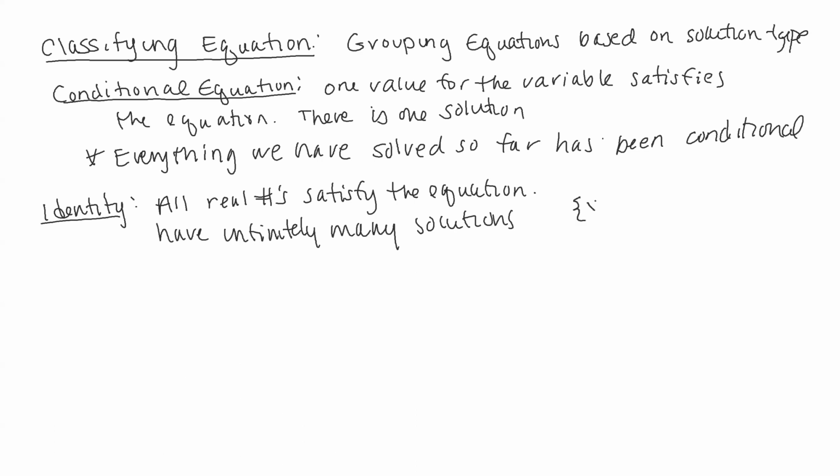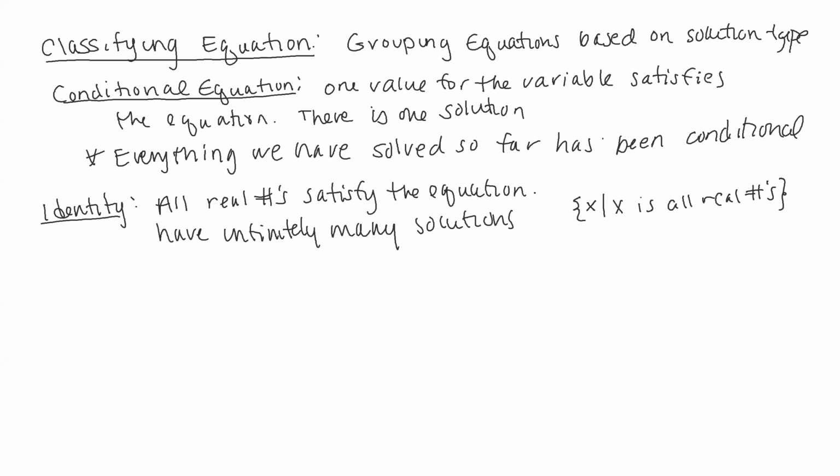We would write it the little squiggly curly brackets or curly braces, whatever you want to call them, and then you write an x with a vertical line. That quite literally translates to solutions for x such that, and then you say x is all real numbers. All right. So that's kind of the weird way we would write our solution there.